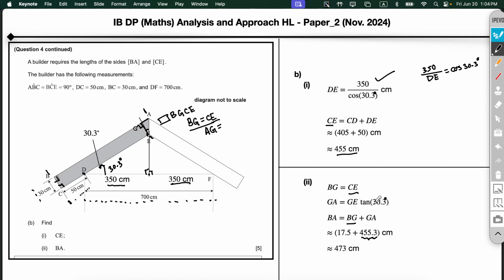GA is GE times tan 30.3 degrees. So 30 centimeters times tan 30.3 degrees is GA. If you put that, this comes out to be 17.5. And if you sum them and round off to the nearest integer, the total sum becomes 473 centimeters.